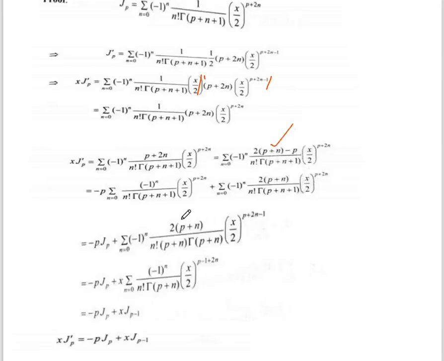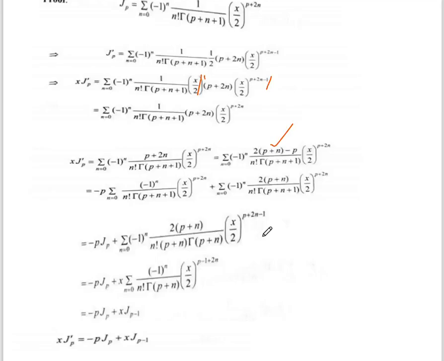Then we will separate the term. So minus p is the first term, minus p summation n equals 0 to infinity, and so on, plus the second term, which will be 2p plus n. Only the adjustment is taken here, and this is nothing but Jp, so minus p Jp plus the summation, whose term is as it is.